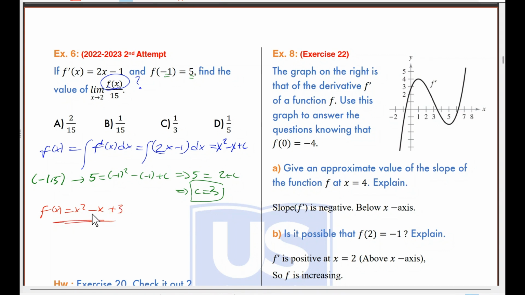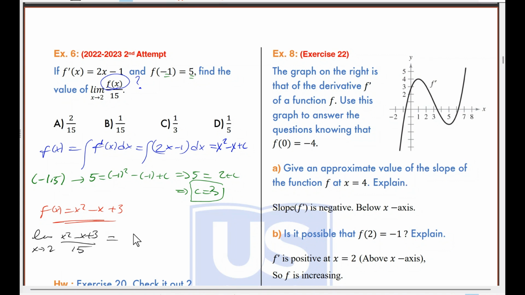Okay. Now it's time to solve the question. I got my f. Take the limits. Limit as x approaches 2 of x squared minus x plus 3 over 15. Direct substitution.